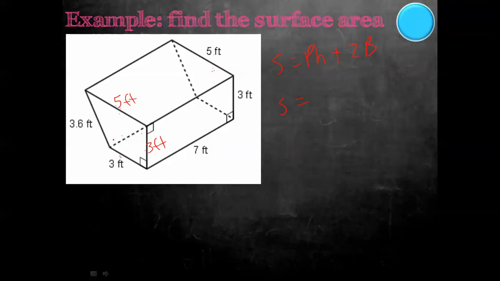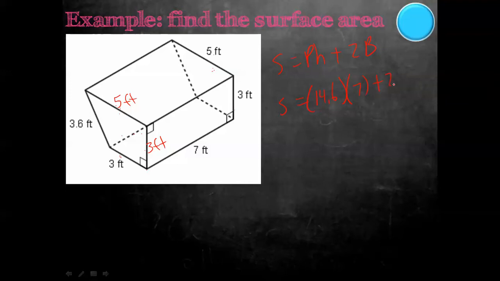So to find the perimeter of the base, we want to add up all of our numbers. So we take 5 plus 3.6 plus 3 plus 3, which is 14.6. And we're going to multiply that times the height of the prism, the line that connects the two bases. So that's 7.